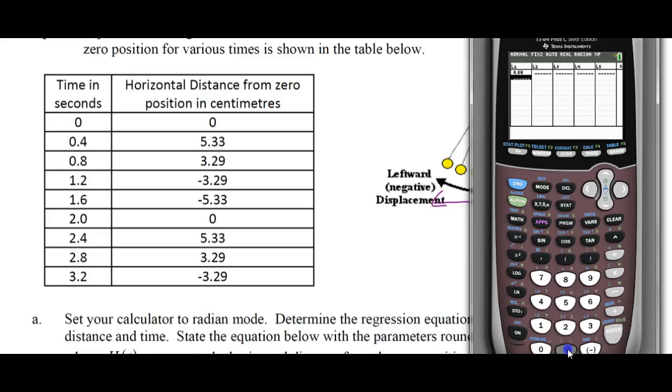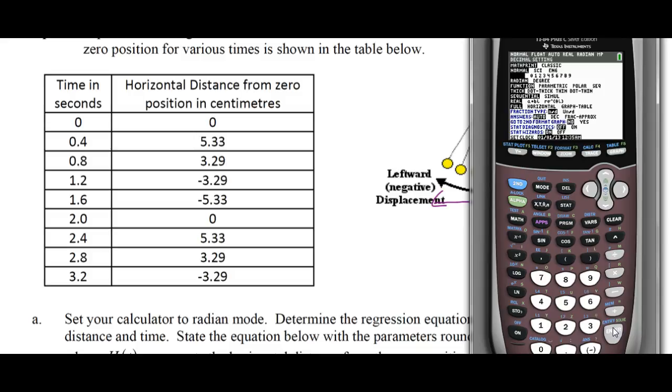So 0, 0.4, 0.8, 1.2, 1.6, 2. I'm showing 2 decimal places because I set my calculator at 2, so I'm just going to unset that.